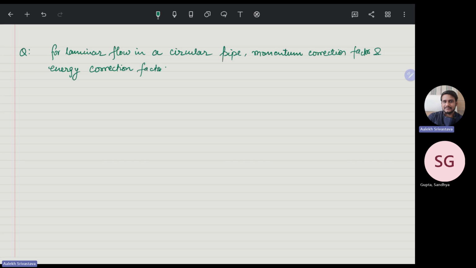For this, you need to know the velocity profile. So for laminar flow, you know that it is a quadratic profile.